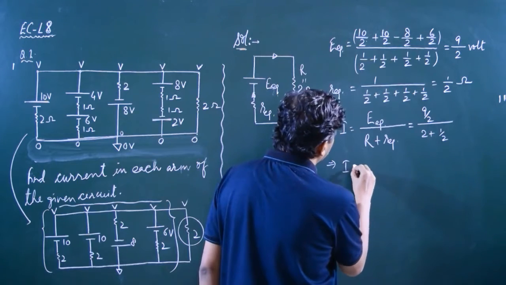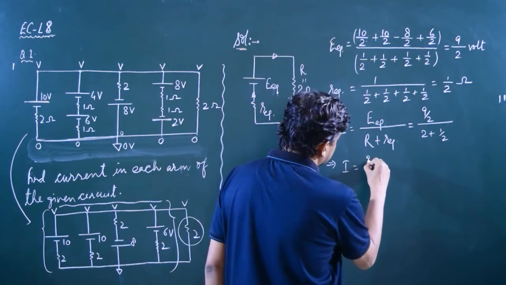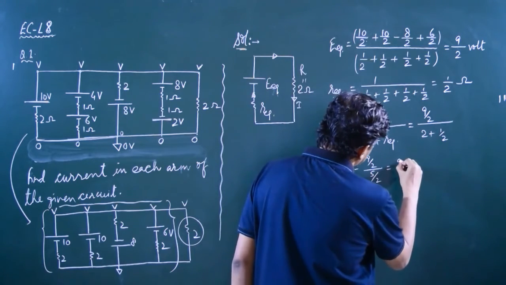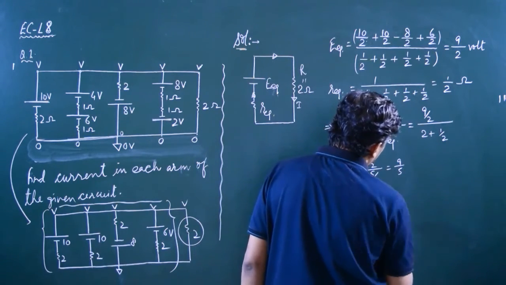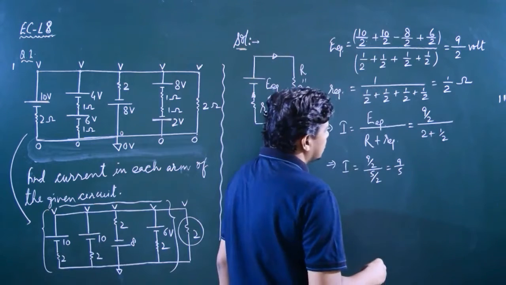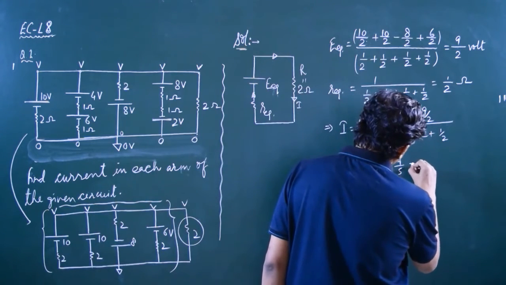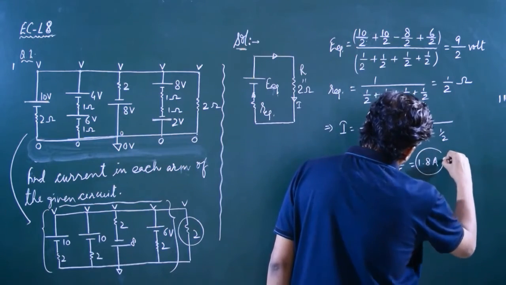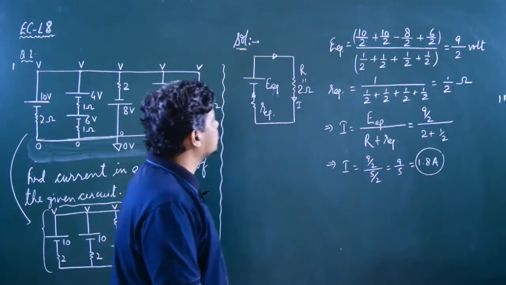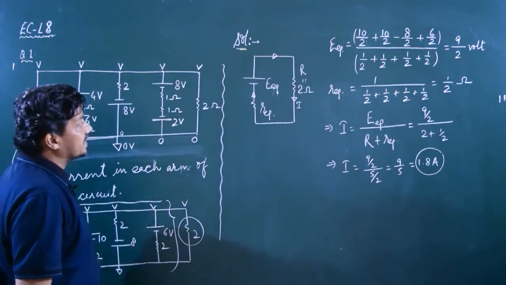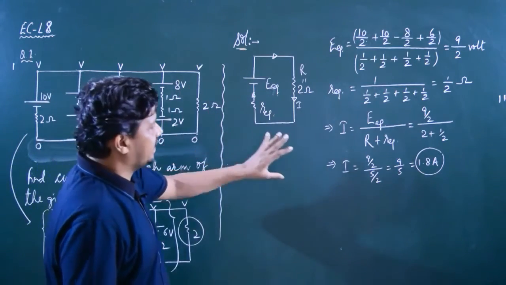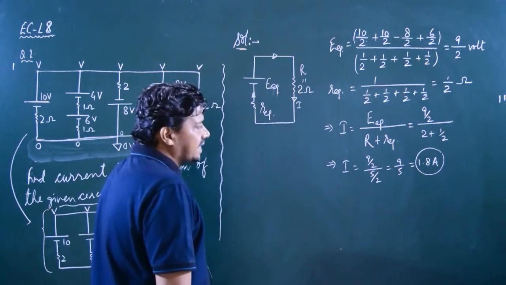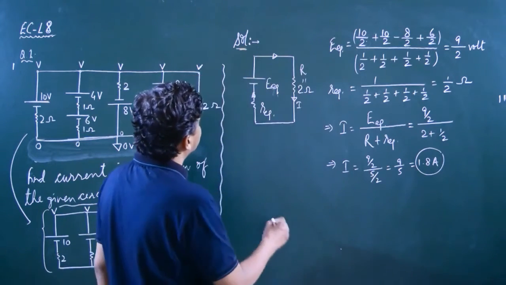So get the result, I is equal to 9 by 5. It is the current through the resistance of 2 ohm. यहाँ हमने current find कर लिया. It is the value of current. Now we can easily calculate. Say here potential is what?